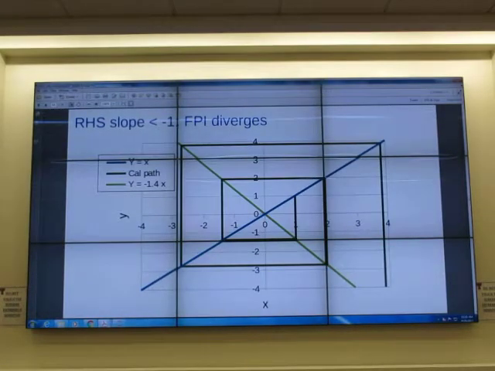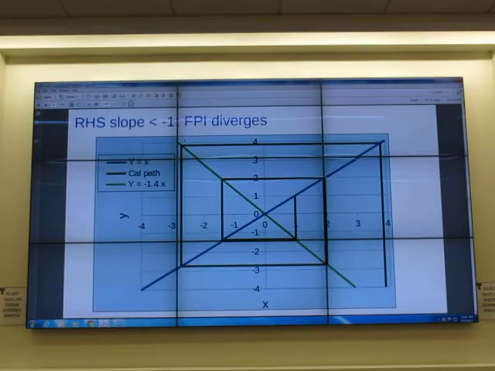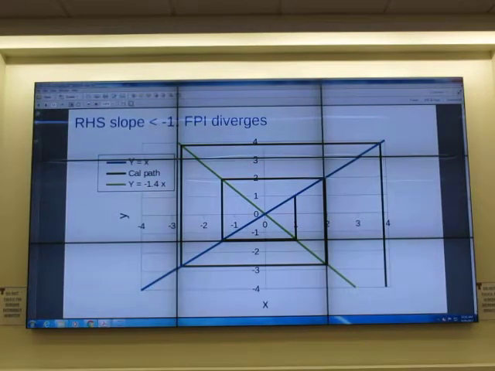What if the slope is less than -1, like -2 or -3 or -4? I mean steeper. When you go from that side down, and the slope is less than -1, dropping steeper, it diverges and doesn't converge, according to this picture.